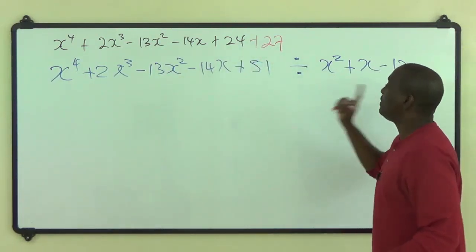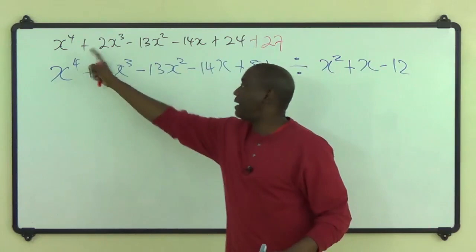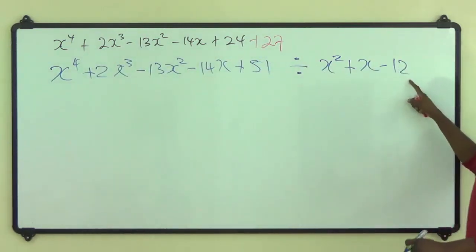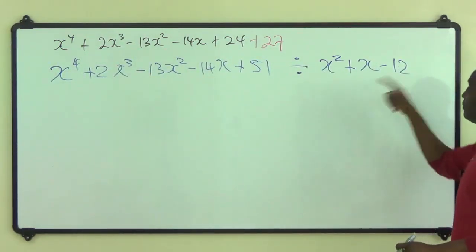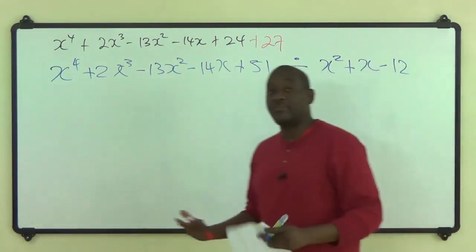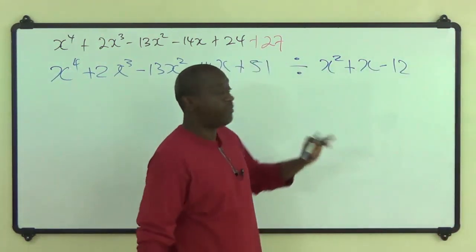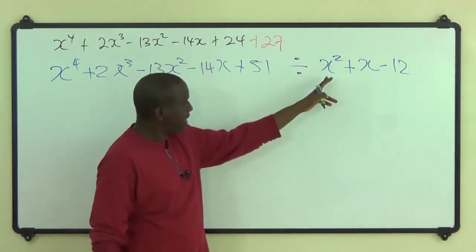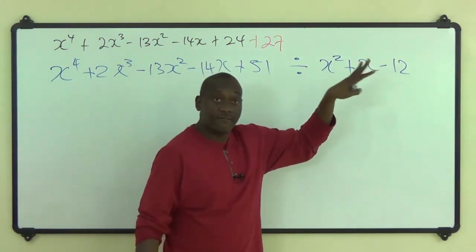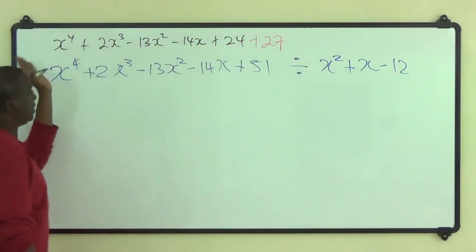When we divide this polynomial in black by x squared plus x minus 12, we expect to get a remainder of 0 because we know from our previous working that x squared plus x minus 12 is a factor of this long polynomial.